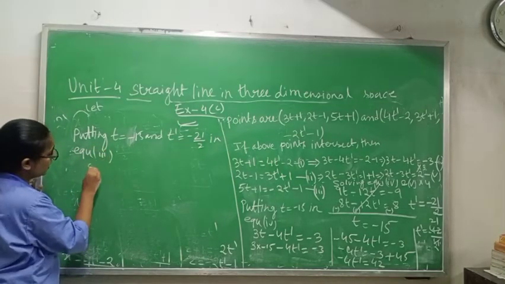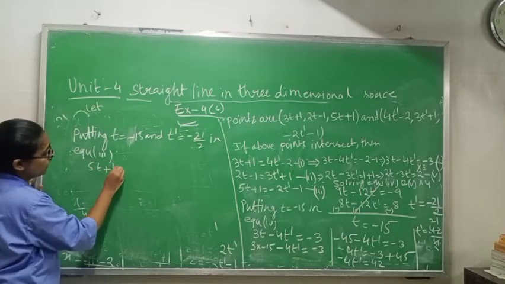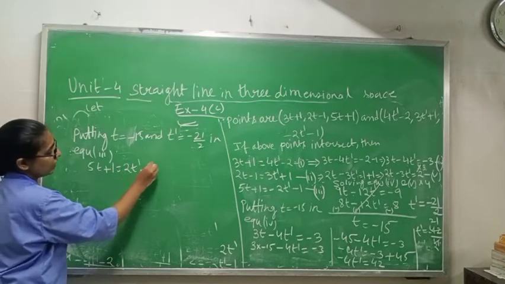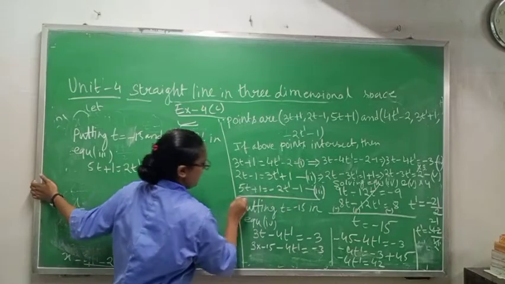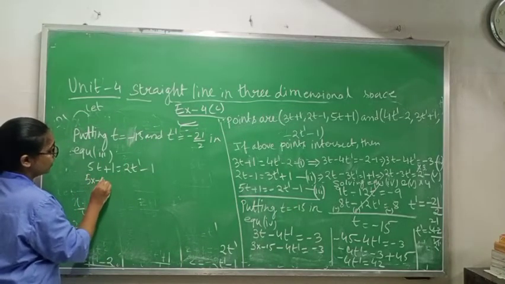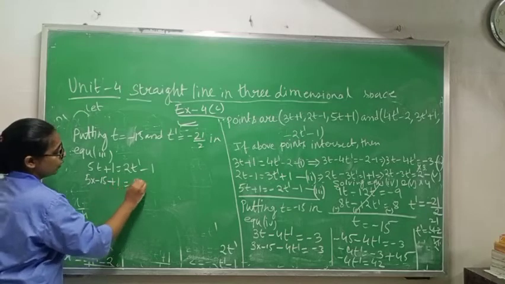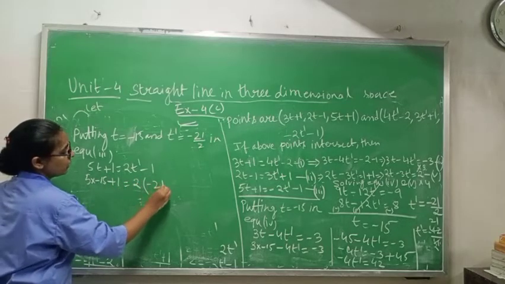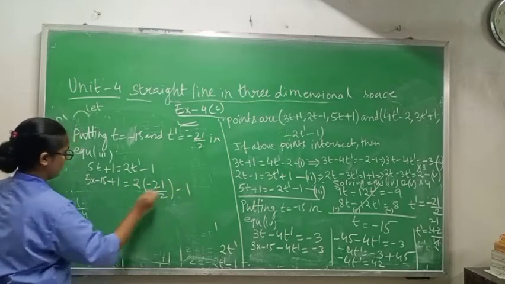So equation 3 is 5t plus 1 equals to 2t dash minus 1. This is equation 3. So 5 into t value is minus 15 plus 1, 2 into t dash value is minus 21 by 2 minus 1.